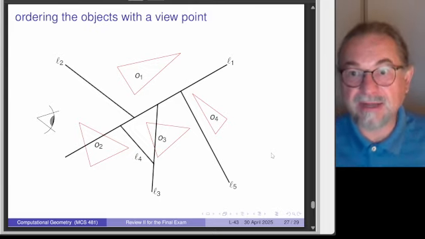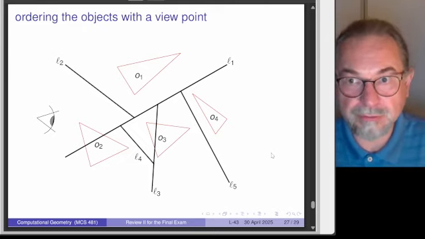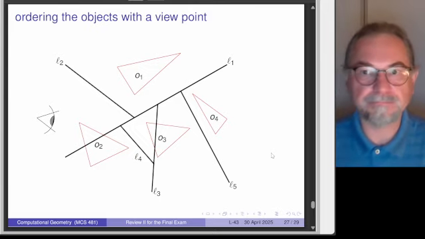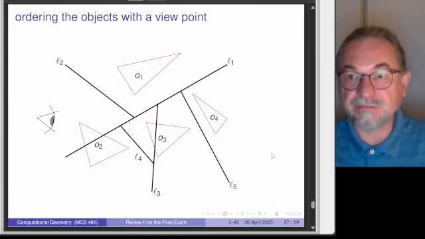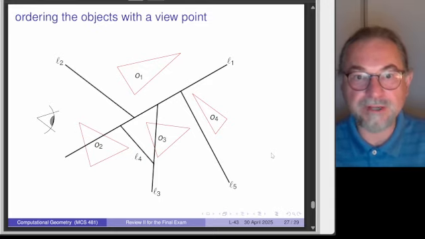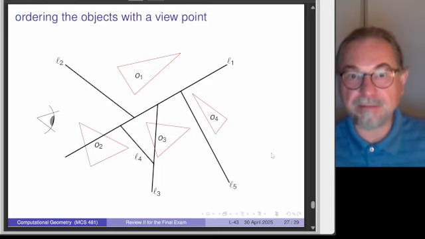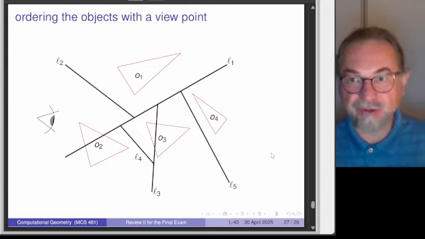So this comes again from a computer graphics application, where you have to decide the visibility of objects. So one way to do this is by partitioning the objects. And here the objects are triangles.